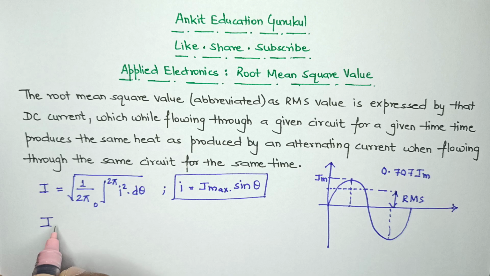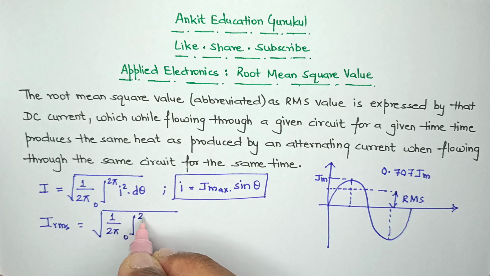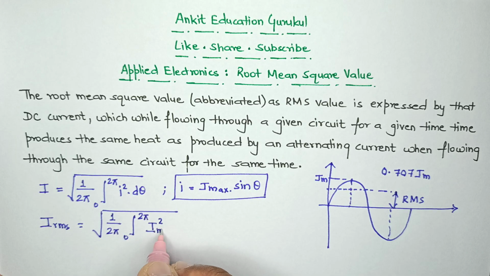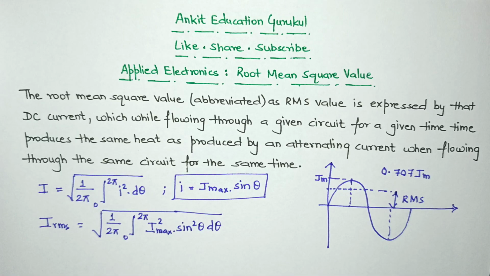The value of IRMS will be equal to the square root of 1 divided by 2 pi, integration from 0 to 2 pi, of Imax square multiplied by sine square theta d theta. So this is how it would be represented.